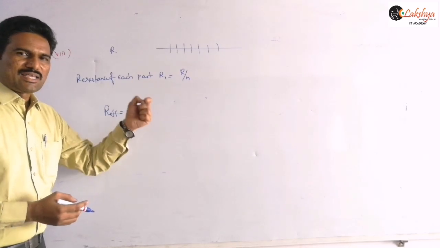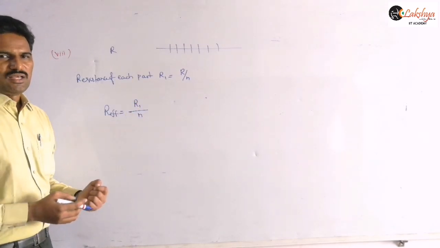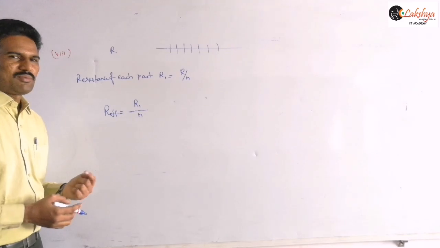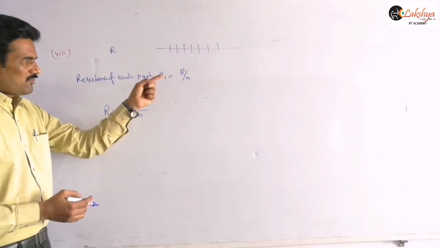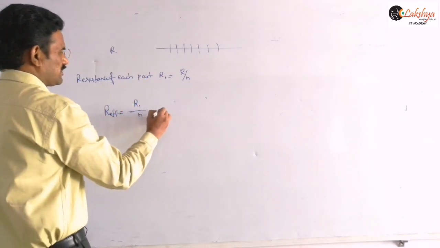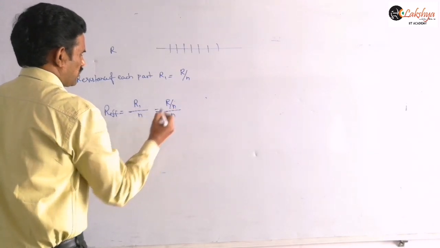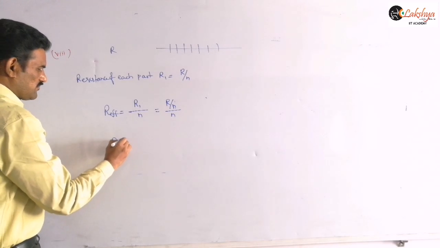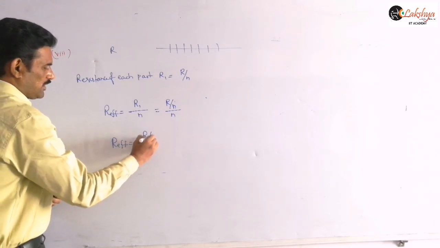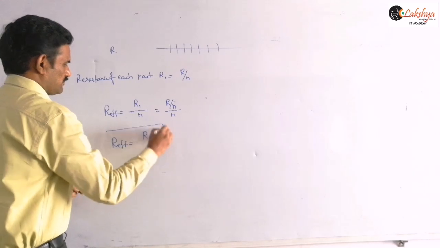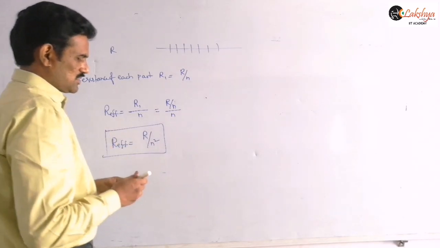Got it? Because such n R1s are connected in parallel, the effective resistance will be R1 by n. Then you can substitute R1 as R by n, and therefore the effective resistance is given by R by n square.